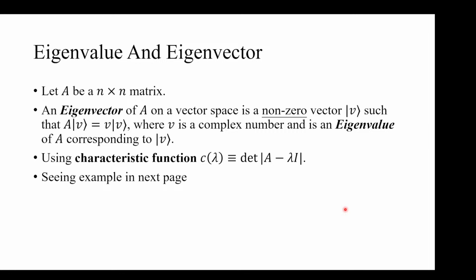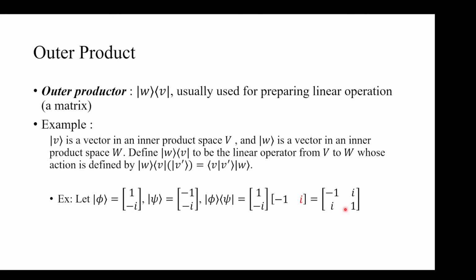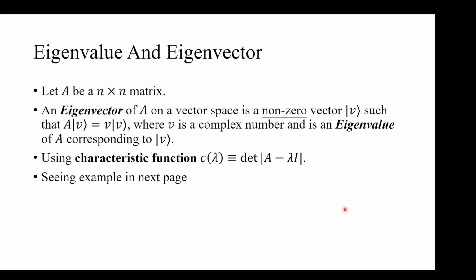I think we have about 10 minutes. And then we go to eigenvalues and eigenvectors. We only define them for square matrices. So let A be some n by n square matrix. An eigenvector of A is a non-zero vector such that if you apply A on the vector, you get a scalar multiple of your original vector.